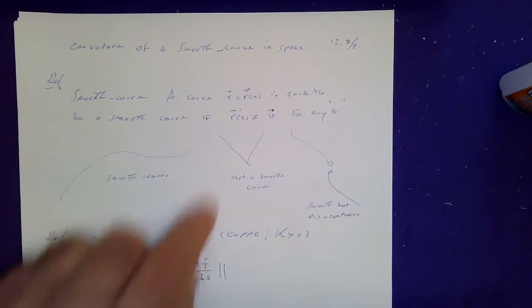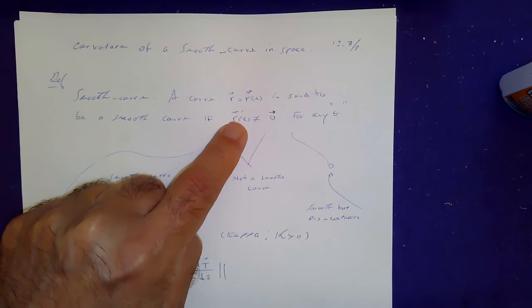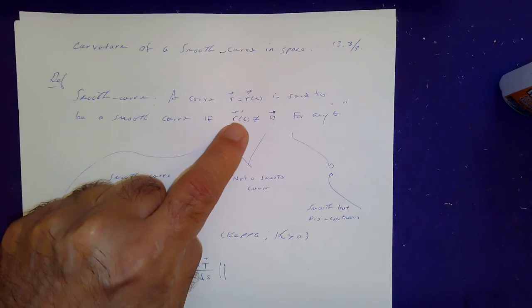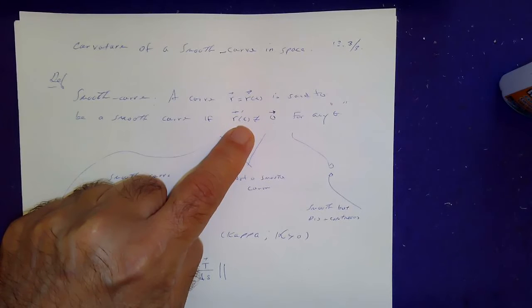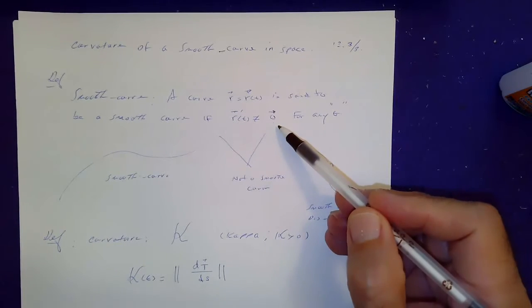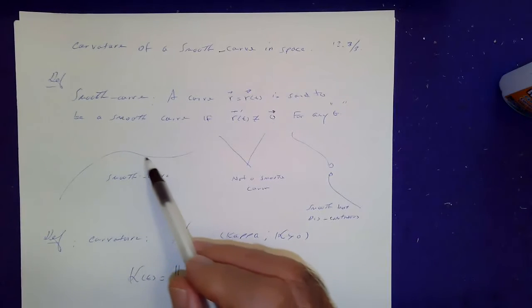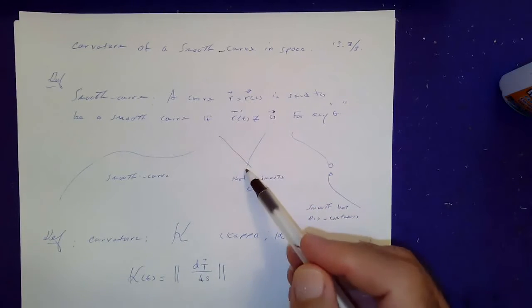So if we take the derivative of the parametric equation of the curve, you should not find any value of t which would make it the 0 vector.